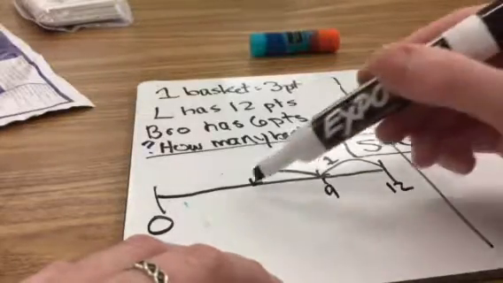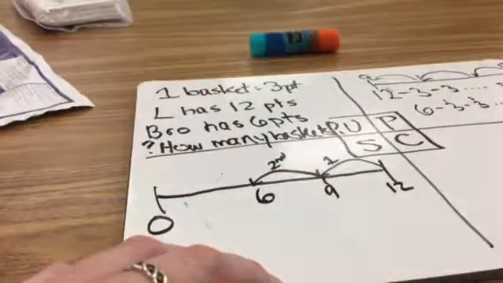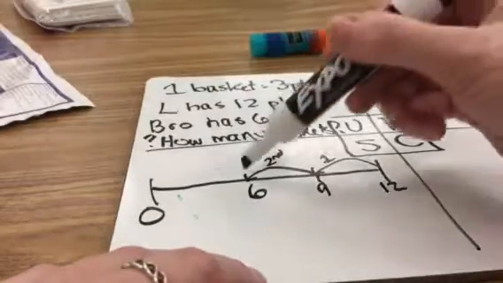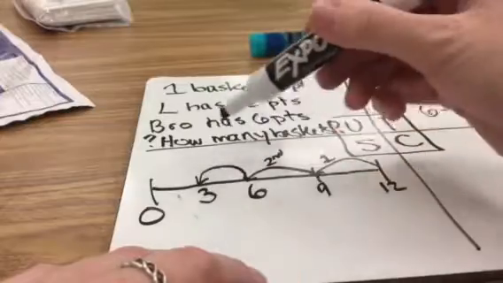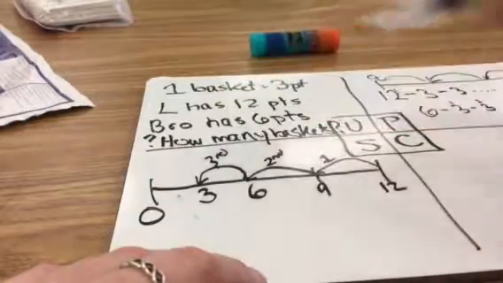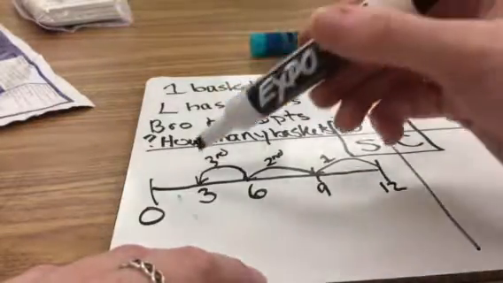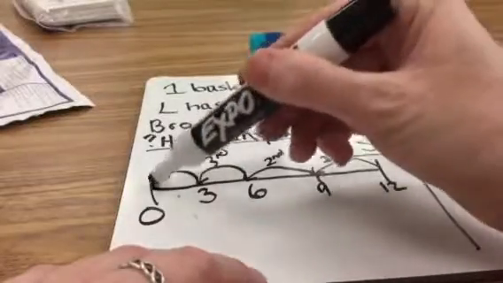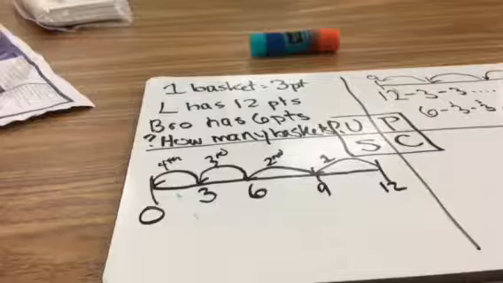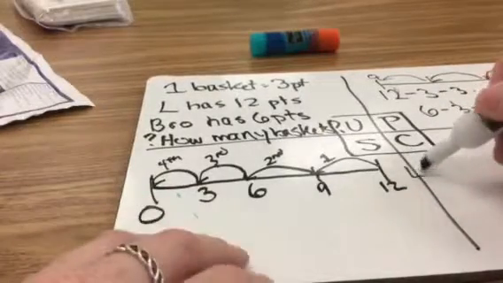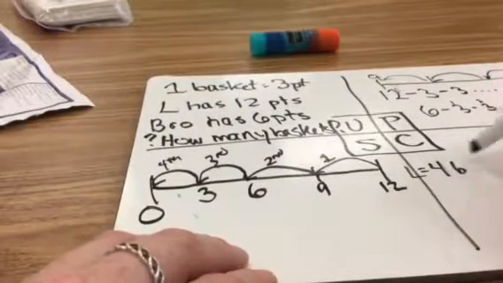So 9 minus 3 is 6. We're not to 0 yet. 6 minus 3 is 3. That's a third basket. We're not to 0 yet. So he must have made 4 baskets. So Lamar is equal to 4 baskets.